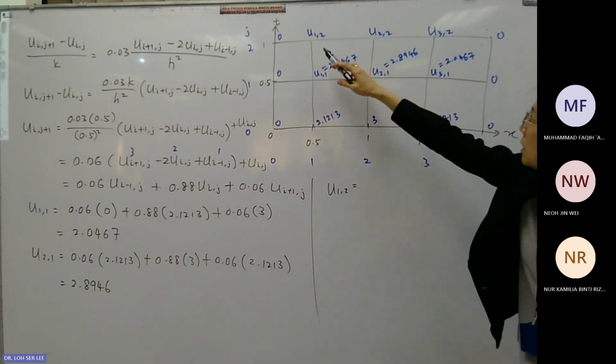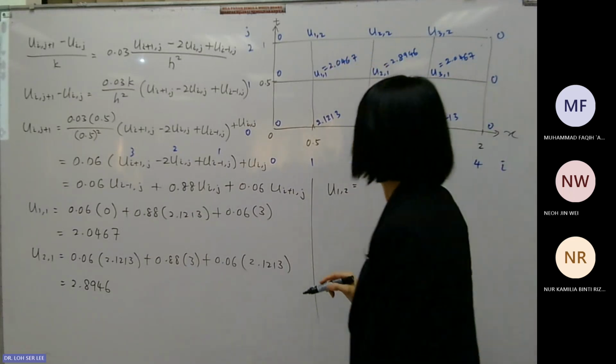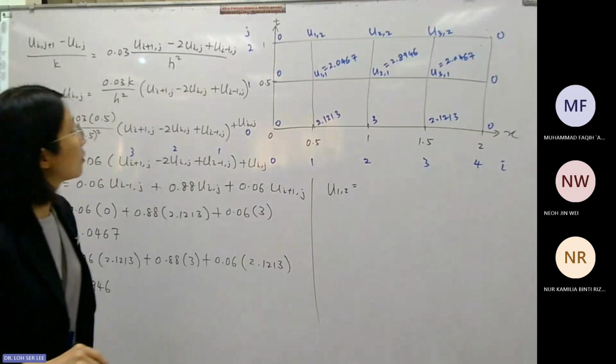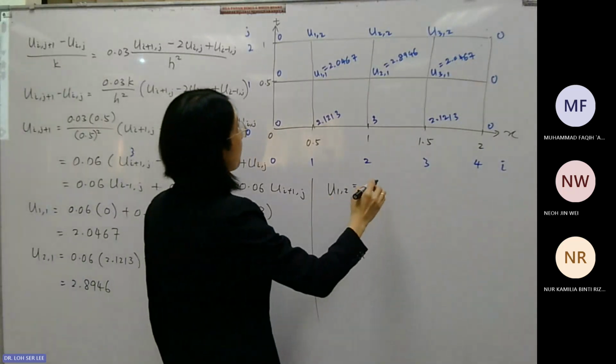And we find for the row of j equals to 2.